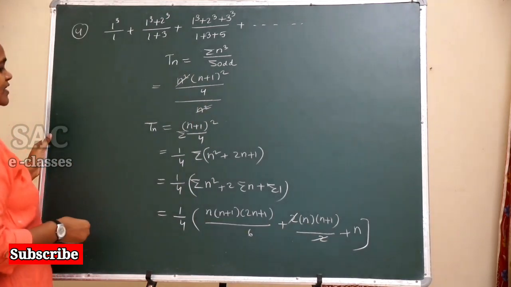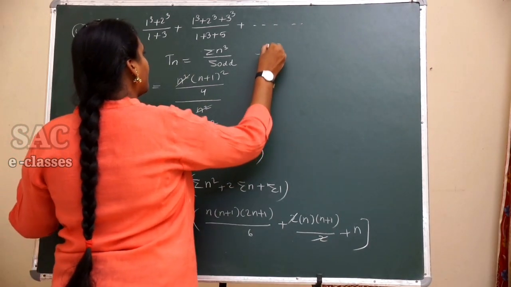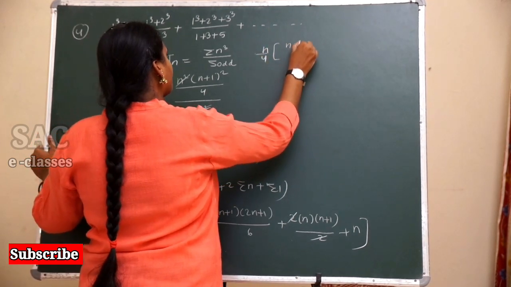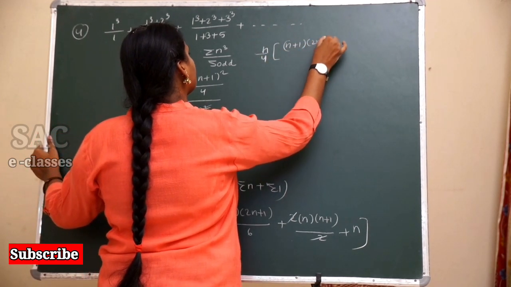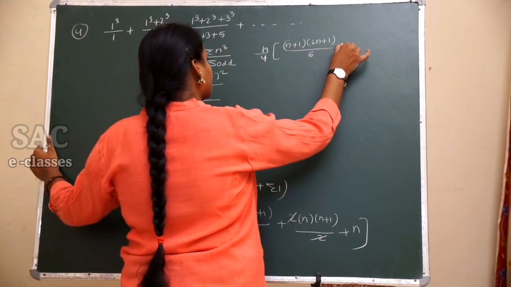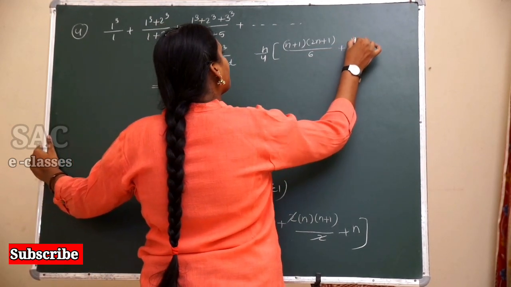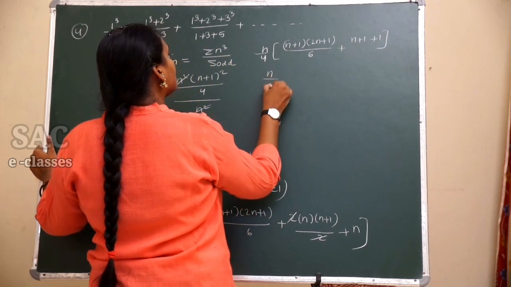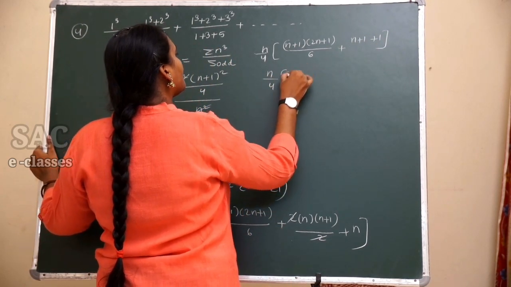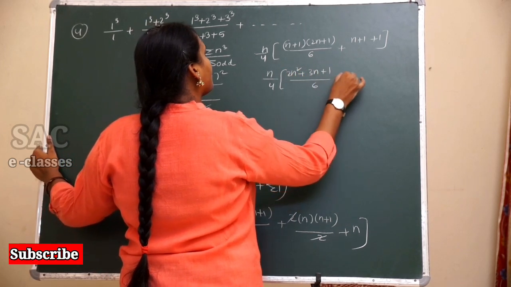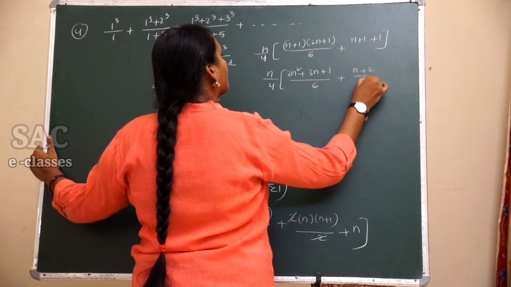Let us simplify this. 1 by 4 into n into n plus 1 into 2n plus 1 by 6 plus n plus 1 plus 1. Very simple. N by 4 into 2n square plus 3n plus 1 by 6 plus n plus 2 by 1.